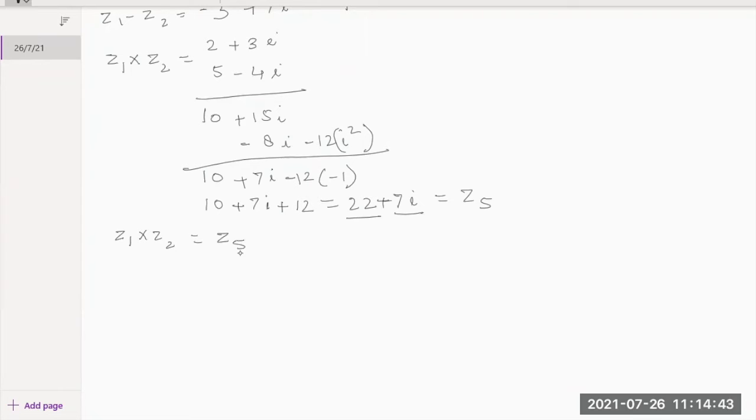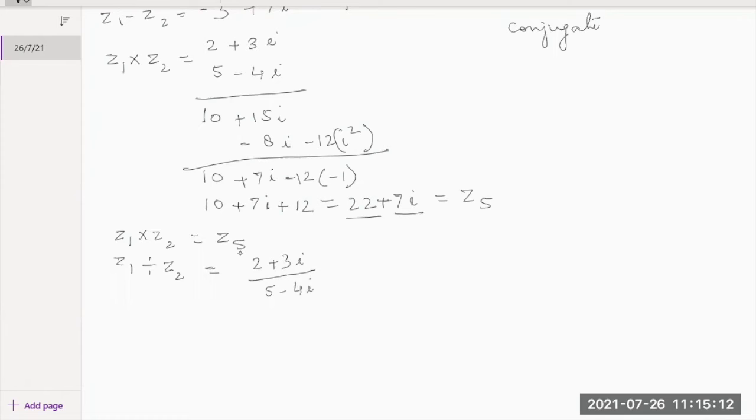Now let's see again another one. Z1 divided by Z2. Now which means I'm talking about 2 plus 3i divided by 5 minus 4i. Now in this, when we are talking about the division, we are going to introduce the word conjugate.